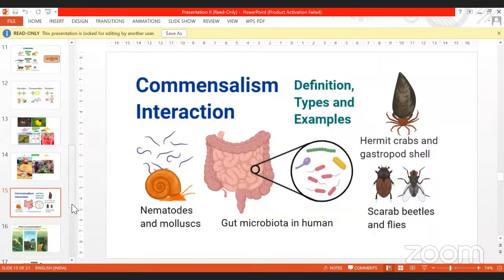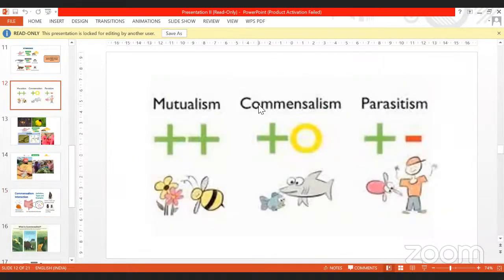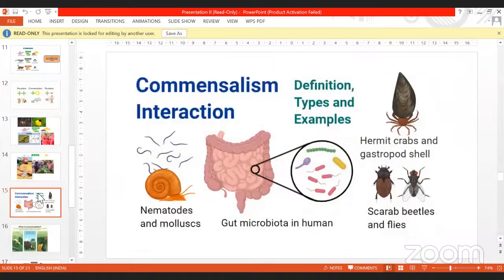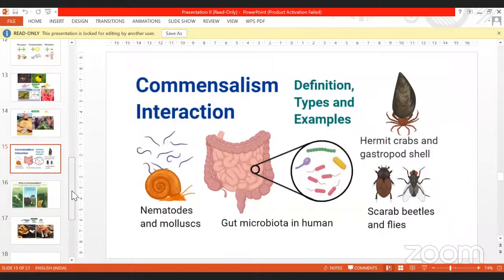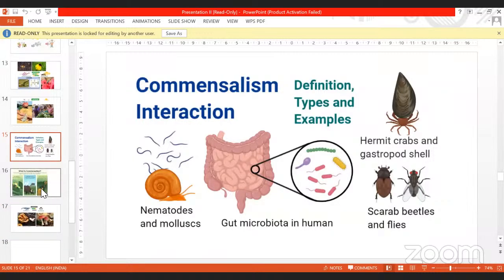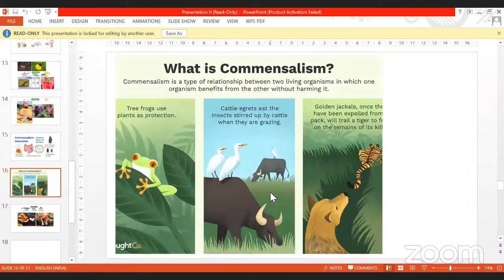Let me go back to this slide where we have a one-to-one dependence on each other, where one is benefited more than the other. Here is another example of commensalism.